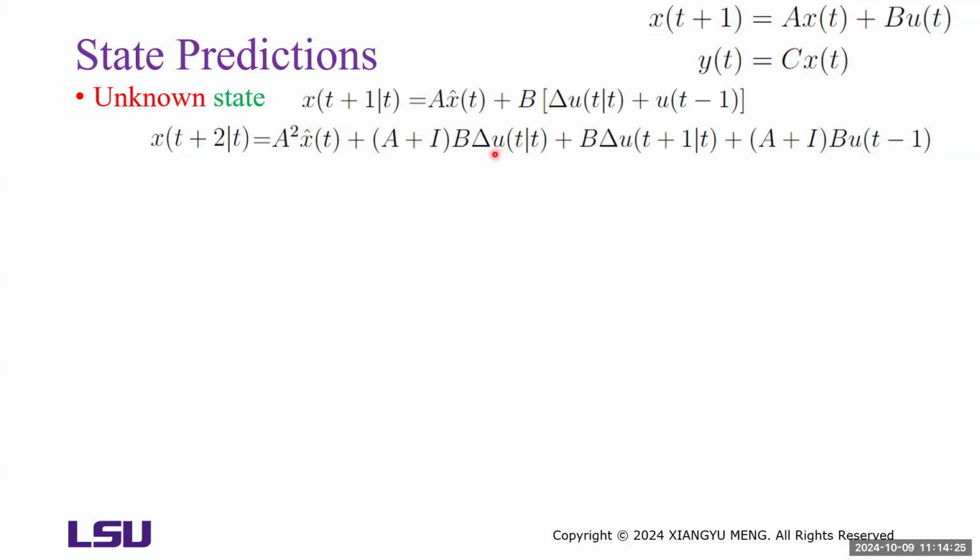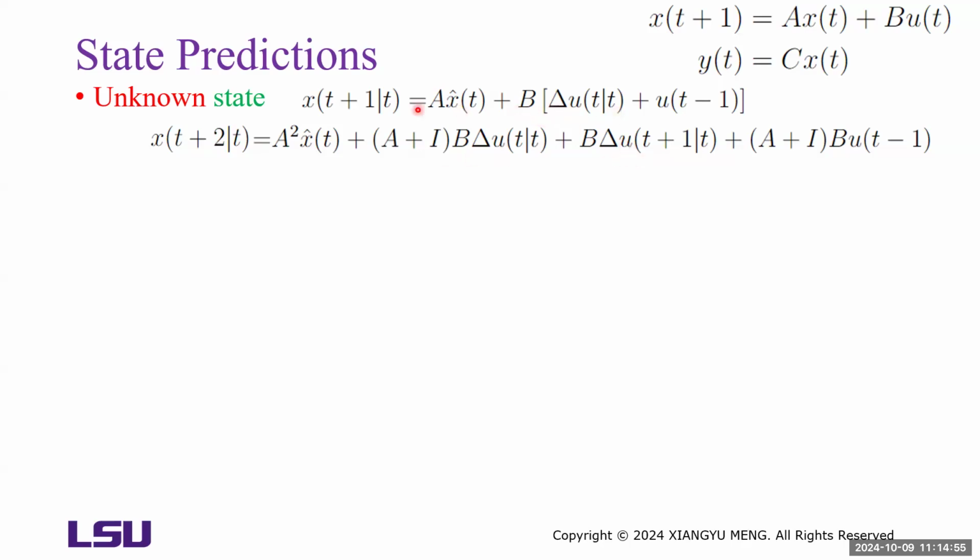Next, for the change of the control input, it starts with delta u t|t until delta u t plus 1|t. So this one will be t plus 2 minus 1. For example, if here is k, it will be from u t|t until u t plus k minus 1.